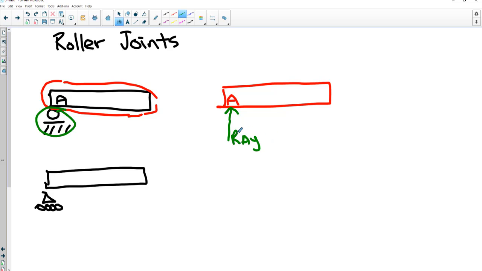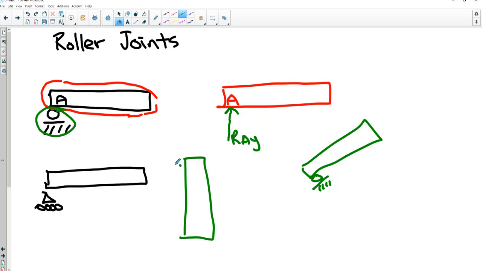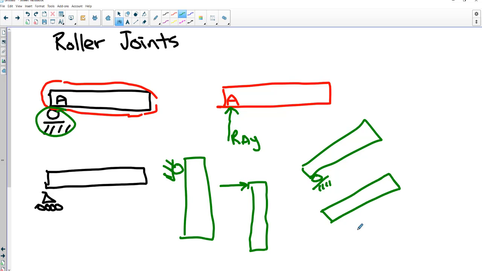It's important that it's perpendicular, because what if it was like this? If it was like this, I would draw my beam and I would draw the force perpendicular. So perpendicular is important for roller joints, not the y direction.